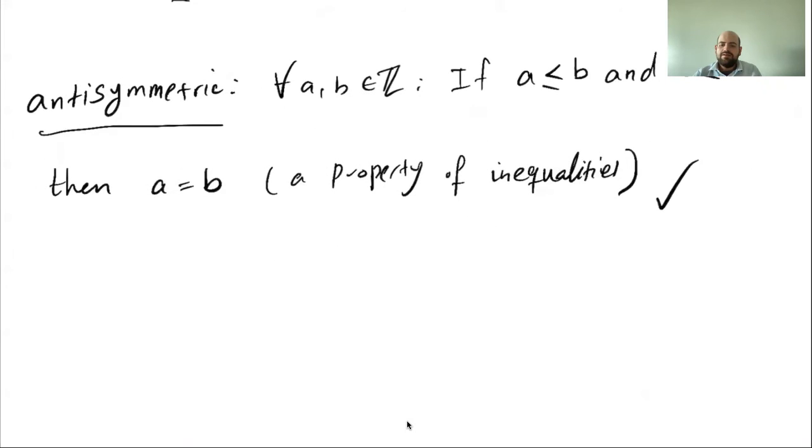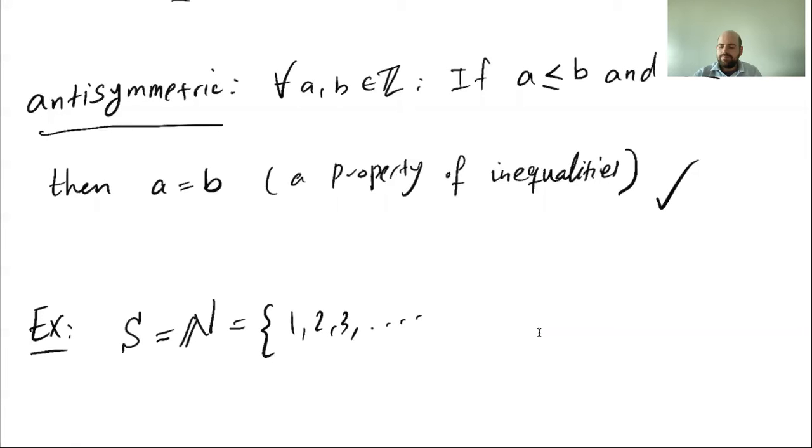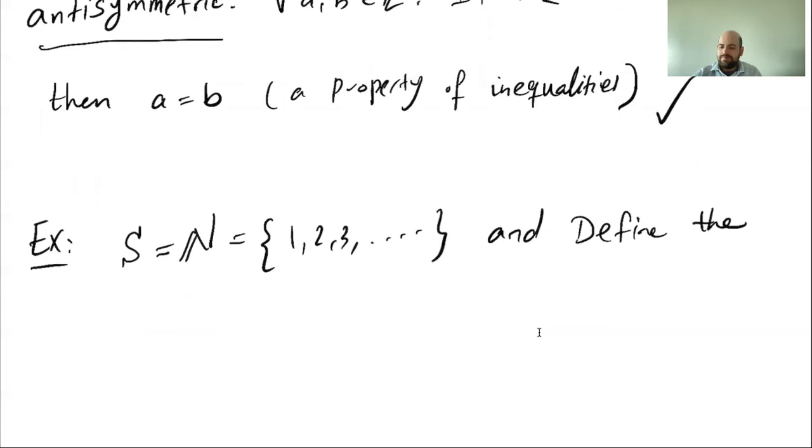So let's look at another example of a partially ordered set. So let's say S equals the set of natural numbers, I mean 1, 2, 3, and define the relation R as follows.